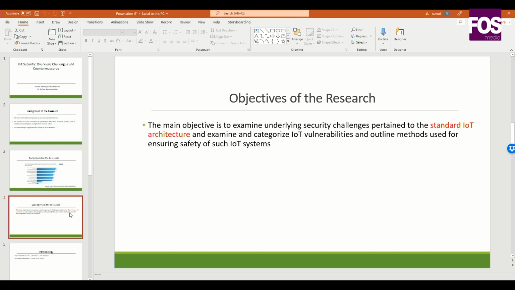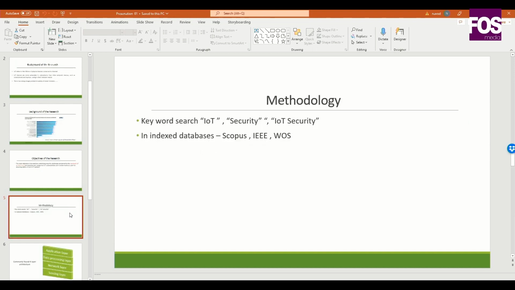With regard to the commonly found IoT architecture, we will be categorizing these vulnerabilities, and we will be proposing countermeasures based on the literature, for ensuring the safety of such IoT systems.